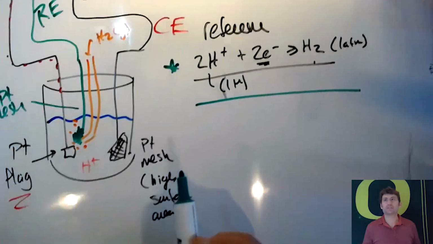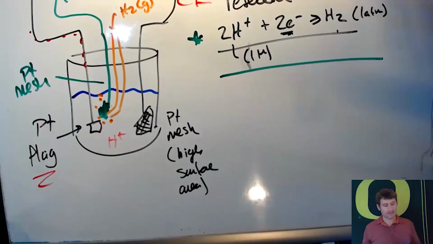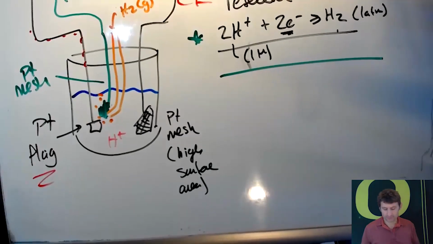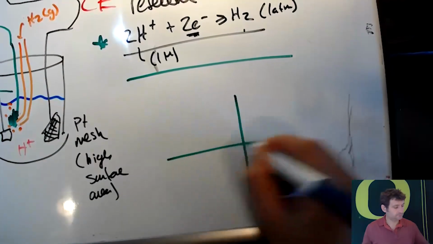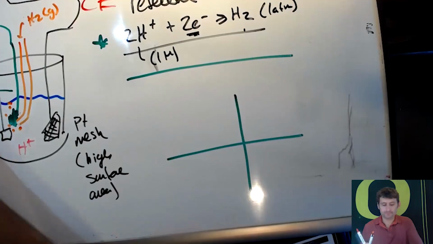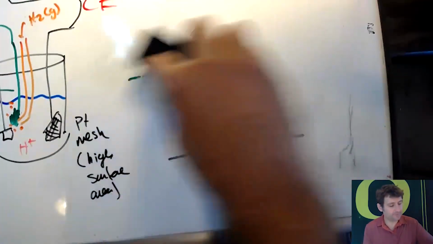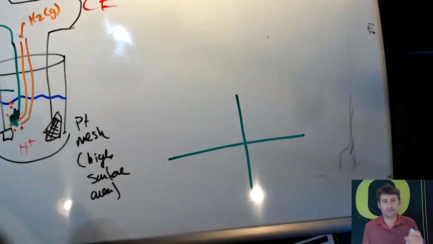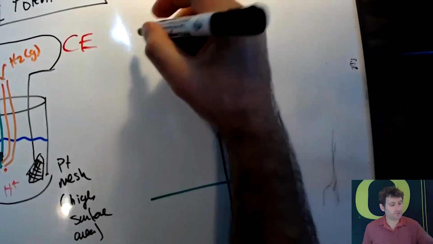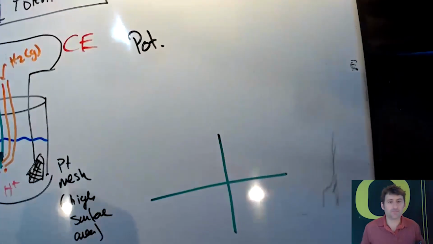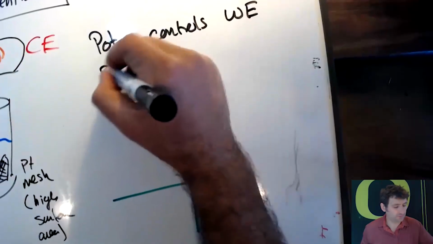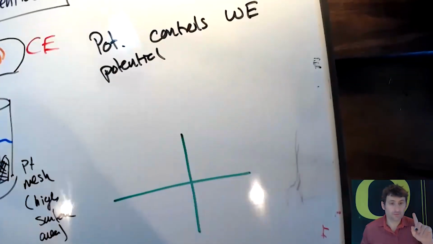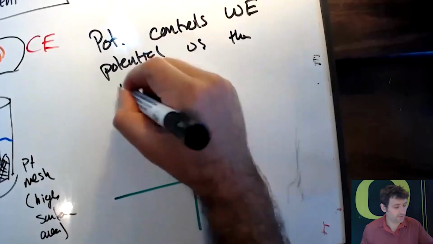Okay. So now that we've set this up, how can we think about the reactions we're going to measure? Well, let's draw a curve. And actually, before I do that, I want to say a few things about what the potentiostat does. So we'll talk about how this works in a moment, but a potentiostat, we'll abbreviate that POT, controls the working electrode potential versus the reference electrode.